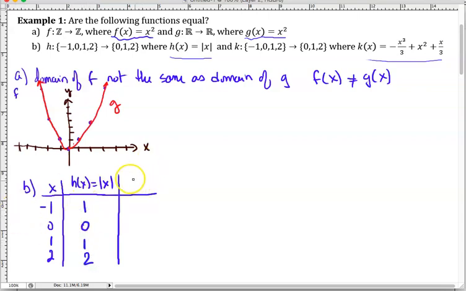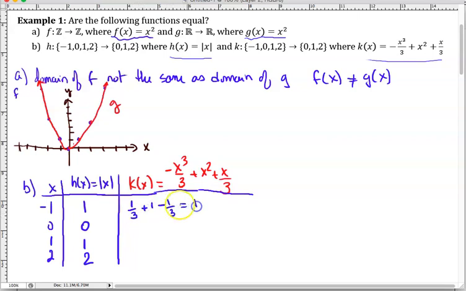Now let's evaluate the k function. The k function is given by -x cubed over 3 plus x squared plus x over 3. If I plug in -1, I'm going to get a positive 1/3 plus 1 minus 1/3, and this gives me 1.